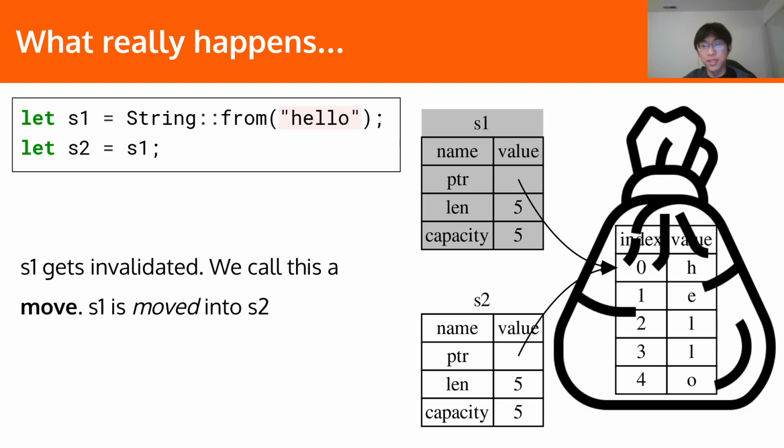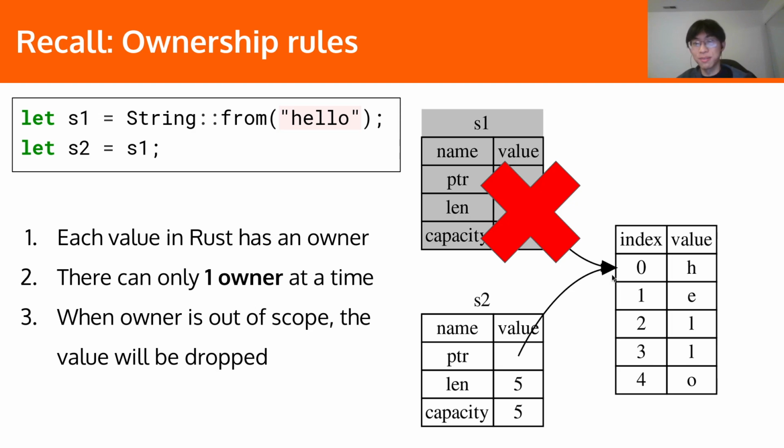So what really happens here is that when we do this assignment, we have to invalidate S1 and say, okay, whatever data S1 is pointing at, we don't care anymore because we've moved it into S2. S2 is now going to take ownership of the data that was pointed at by S1. So this maintains this model.